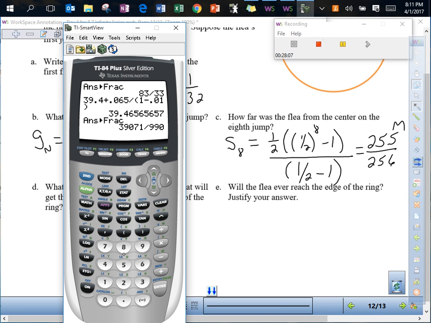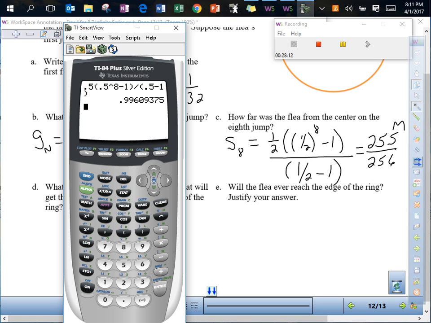So let me go 0.5, parenthesis, 0.5 caret 8 minus 1, divided by my r value minus 1. So this is what we just did a second ago. So as a decimal, I'm at 0.996. I need to be within 0.001. So I need to make that say 0.999.